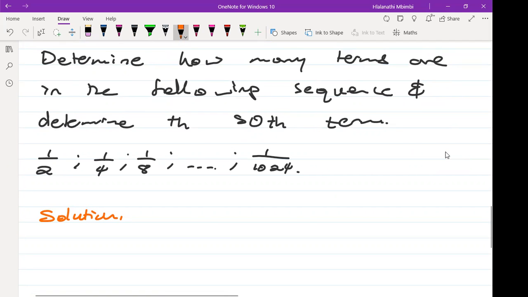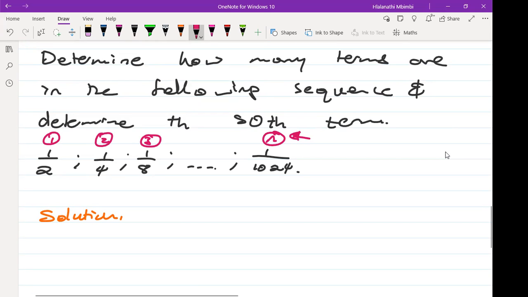First of all, if you have to determine how many terms are in the sequence, what does that mean? This is your first term, this is your second term, this is your third term, this is your nth term. If you know the position of this particular term, you basically know the terms in the sequence, because this is the last term.